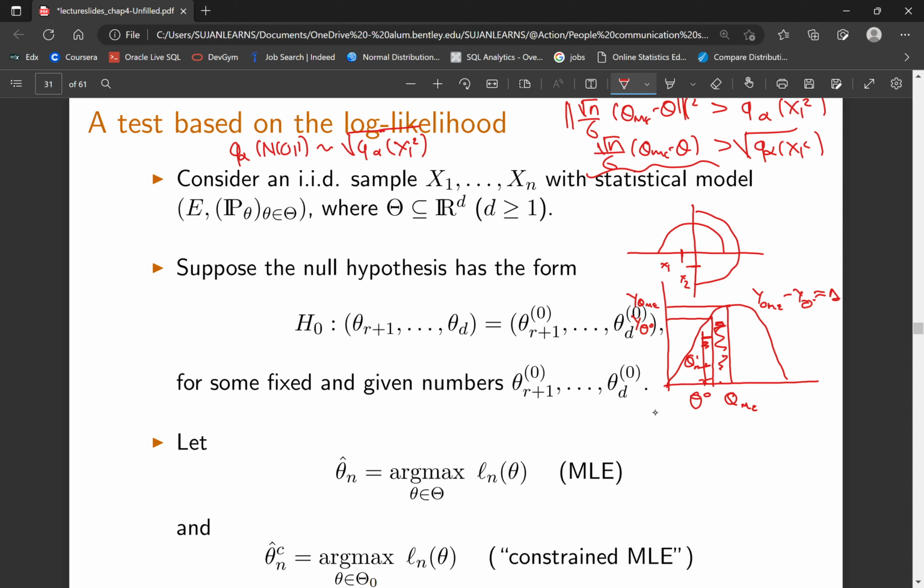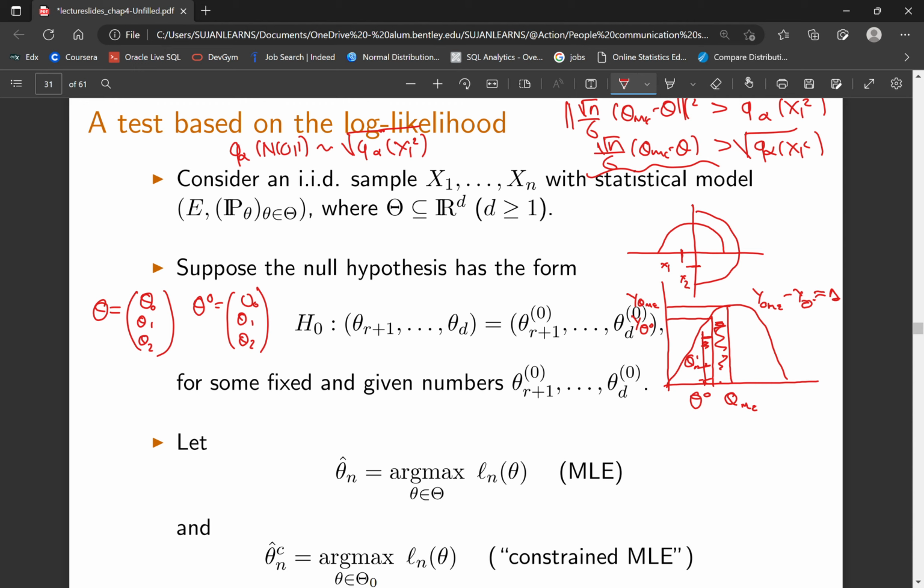That is, theta has theta 0, theta 1, theta 2, and theta naught would have something like this: theta naught 0, theta naught 1, theta naught 2.